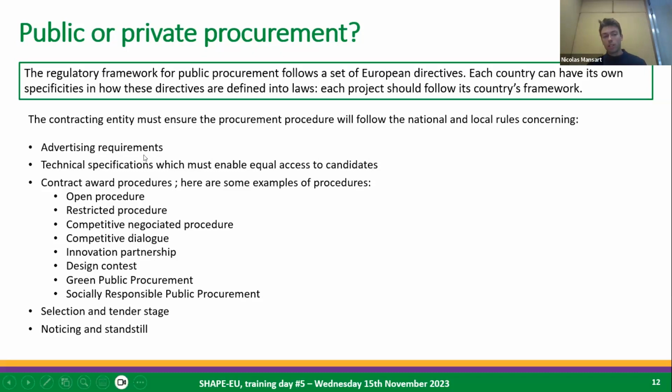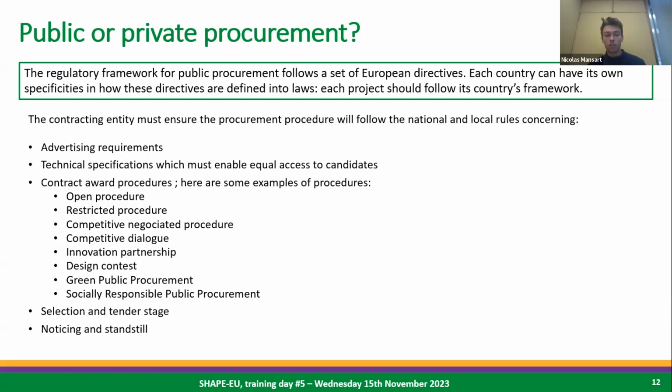And the bullet point that I haven't talked about yet is the contract award procedures. There are a lot of procedures for public procurement, but some of them can enable a district renovation to be more sustainable and more socially adapted in the New European Bauhaus and the Renovation Wave.